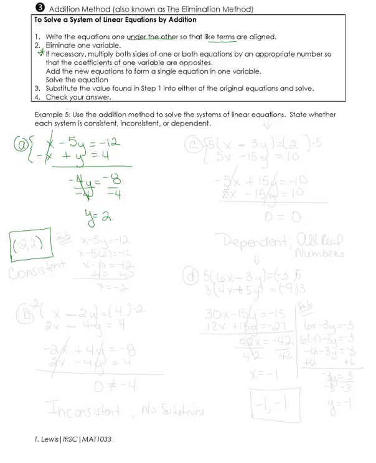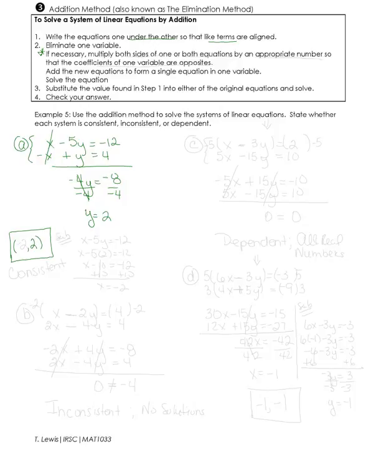So our y coordinate is 2. If we have a system that is inconsistent or dependent, and we're going to do an example of one, then we're not going to have an x or y. And I'll show you an example.